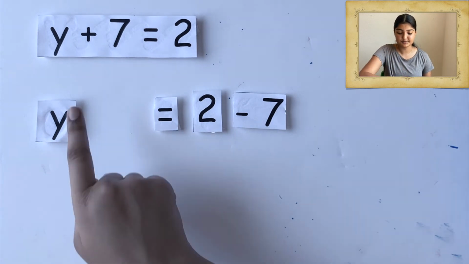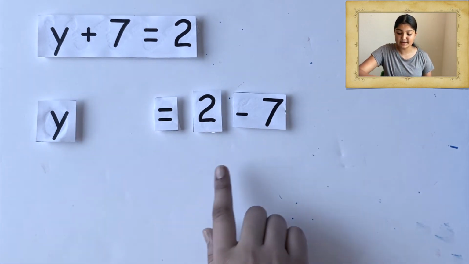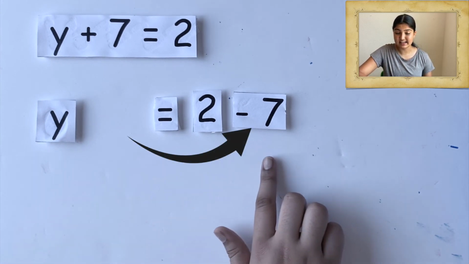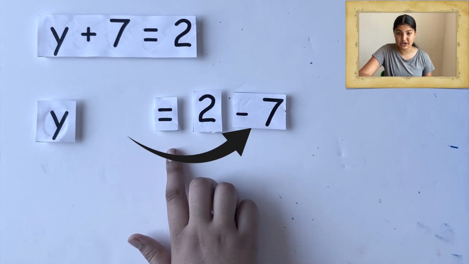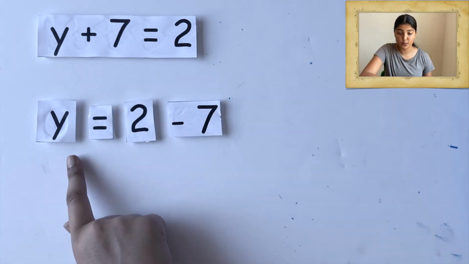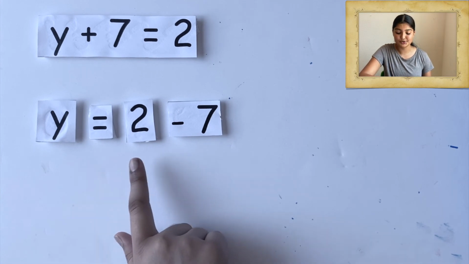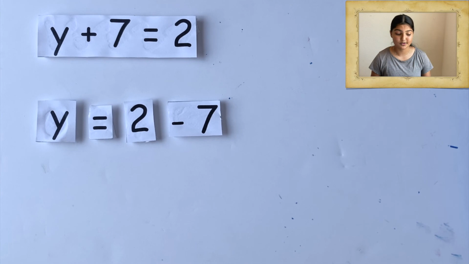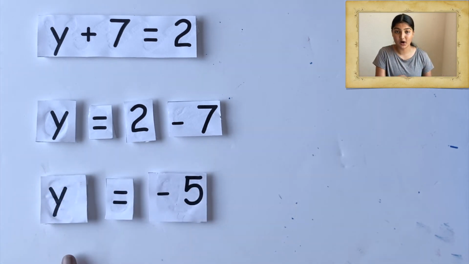Positive 7 became negative 7 when we moved it to the other side of the equal sign. So, y is equal to 2 minus 7, or y is equal to negative 5.